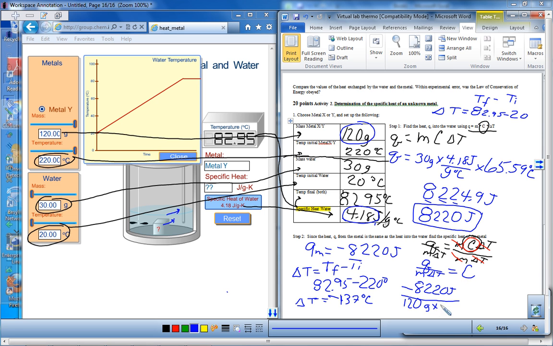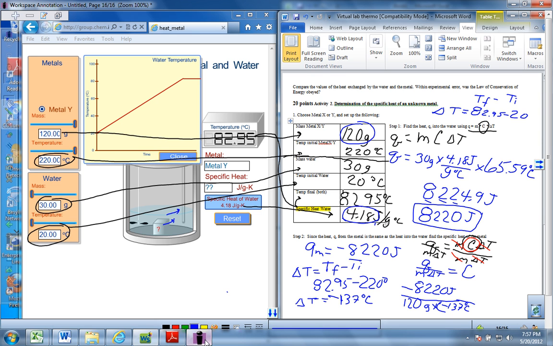So I'm going to put that right down here. Times, put that in parentheses, negative 137 degrees C. Alright, so do all that calculating to find out what C is, and I'll come back to you in just an instant.